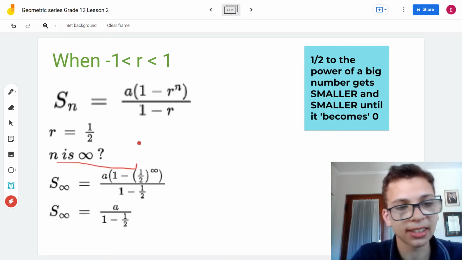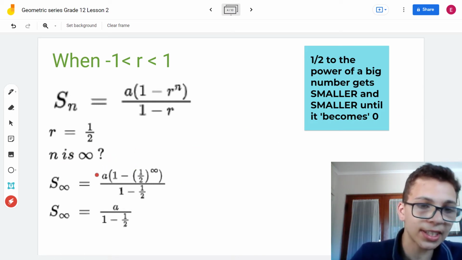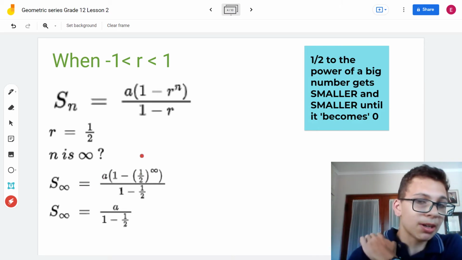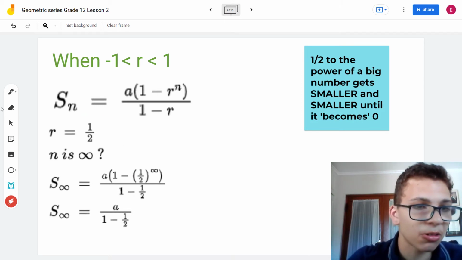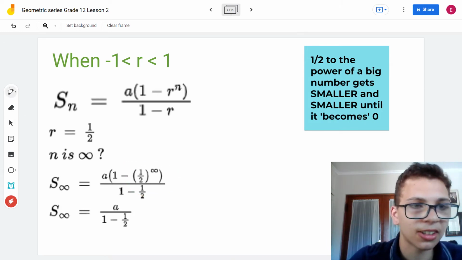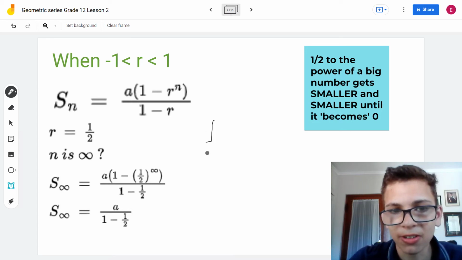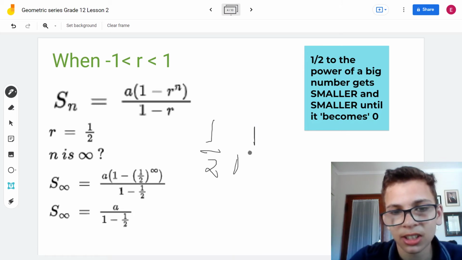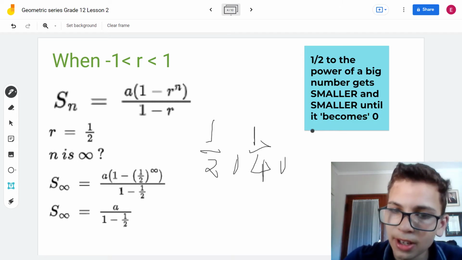Now what happens when n gets bigger and bigger? So S infinity equals, we sub in n equals infinity, a times 1 minus a half to the power of infinity over 1 minus a half. However, what is a half to the power of infinity? A half squared will be a quarter. A half cubed will be an eighth.